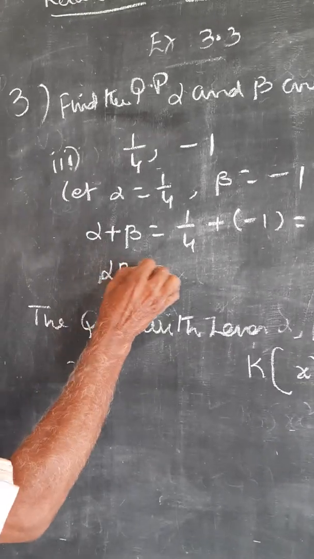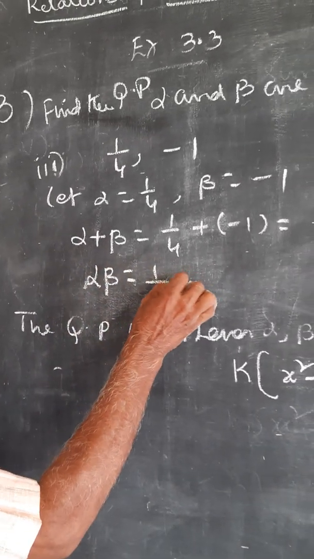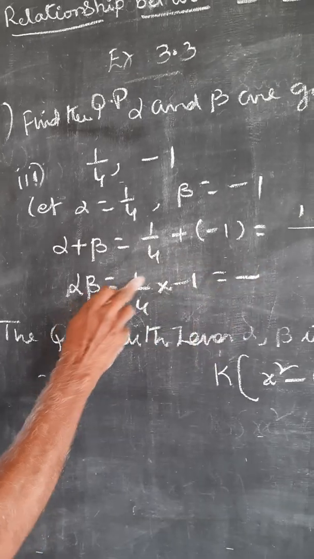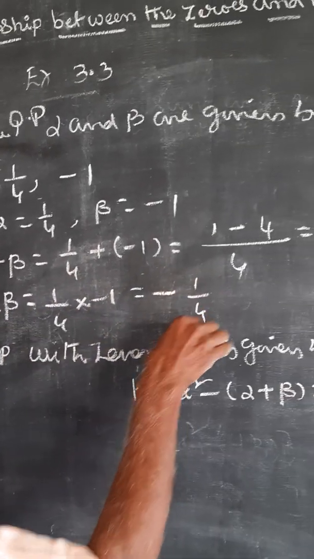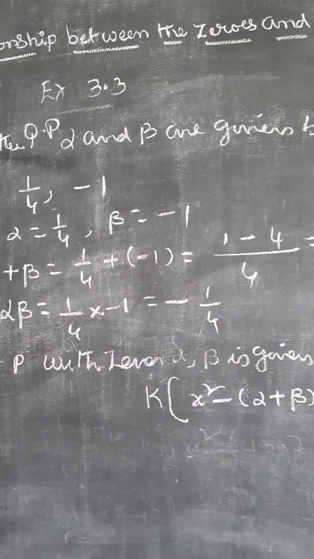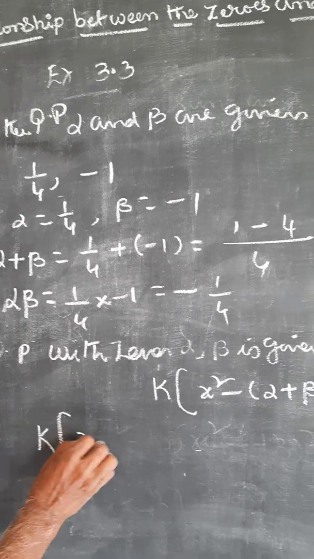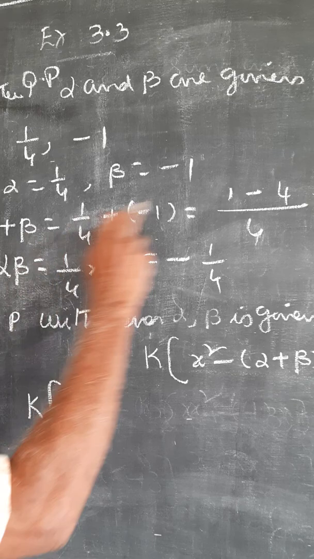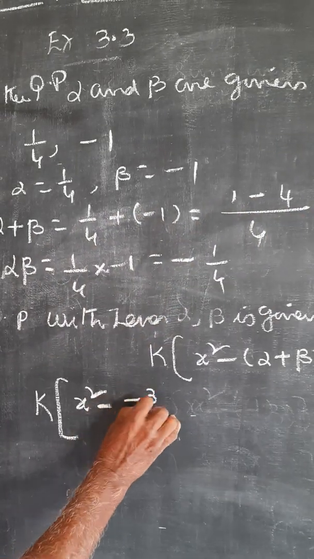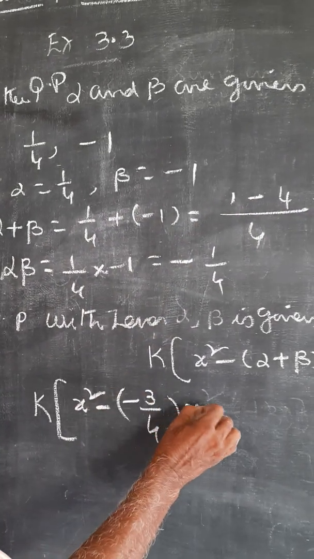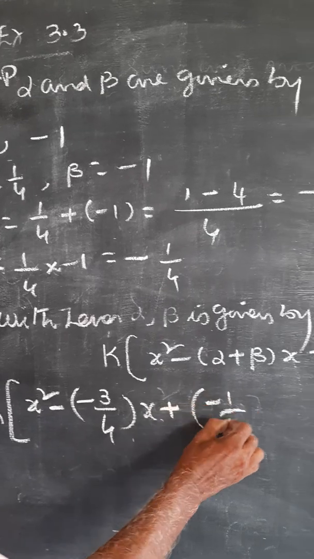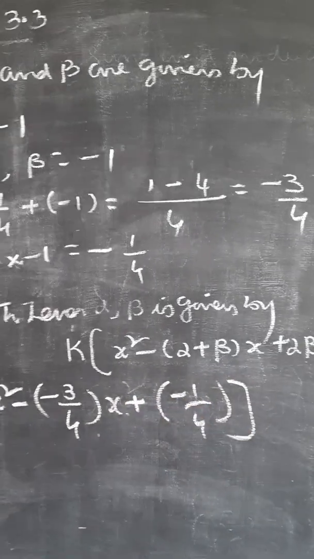Alpha beta is equal to 1 by 4 into minus 1, minus 1 by 4. Substitute the values in the formula k of x² minus (alpha plus beta, minus 3 by 4) into x plus alpha beta, minus 1 by 4.